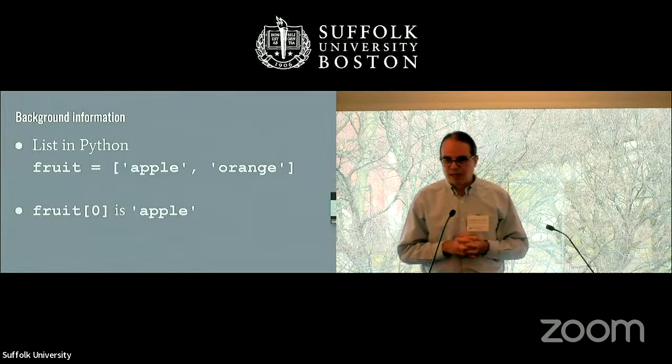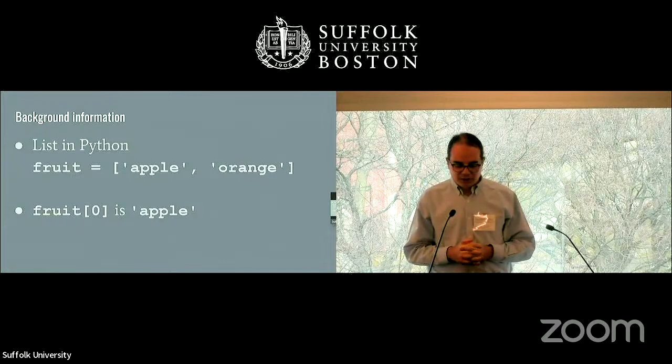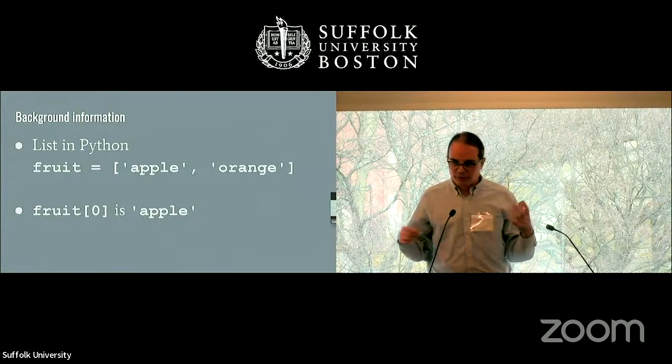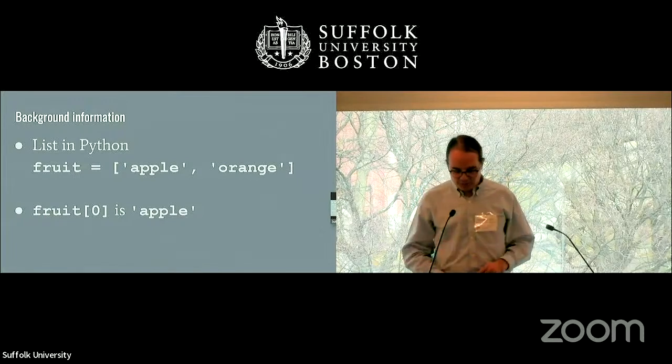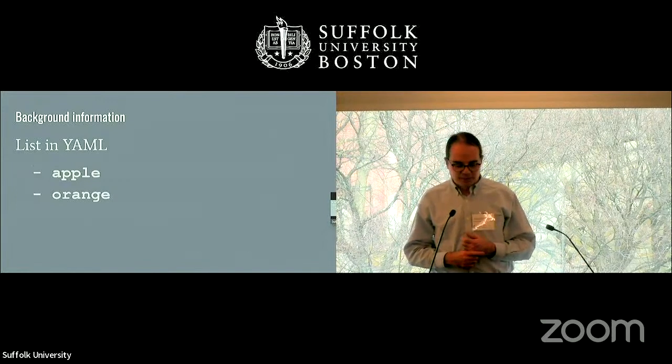Just as some background for this presentation, if you're new to coding, new to docassemble: you represent a list in Python, like if you want a list of things, with square brackets, and then you want to reference a list element, you use square brackets 0, 1, 2, 3 to refer to an item. In YAML, that's represented with little hyphens as bullet points.